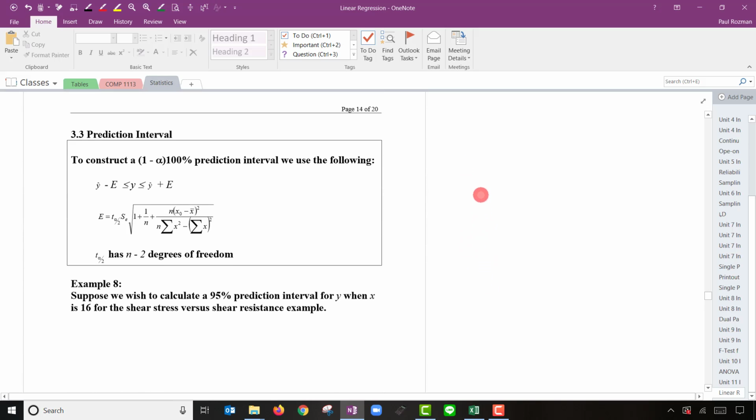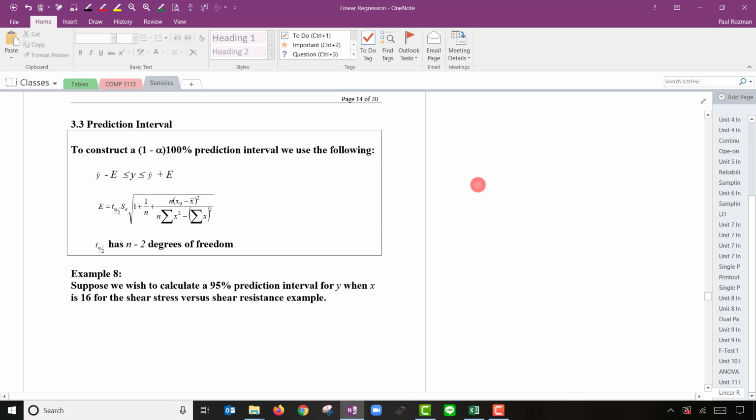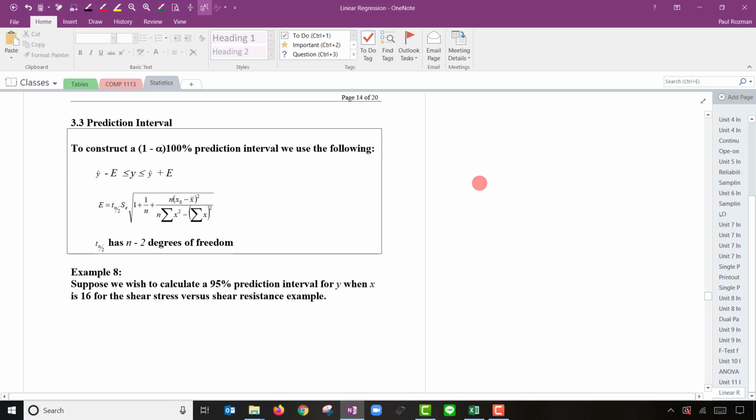Here's our prediction interval then. It involves a standard error. When you calculate your y hat for a particular value, so you have some value x0, in our case, we did a prediction for 16.